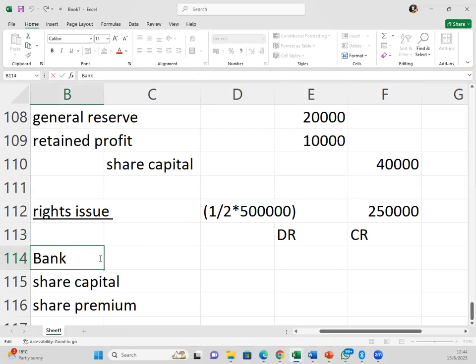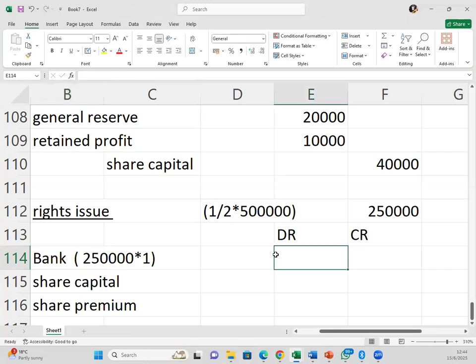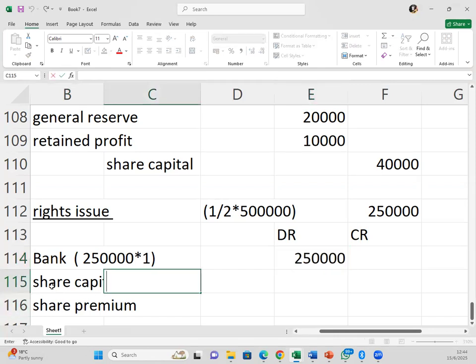So we made a rights issue of 250,000 shares at a price of $1. So we sold these shares at a price of $1. So in the bank, we're going to have 250,000. But for the share capital, you take the 250,000 shares, you multiply by the par value.